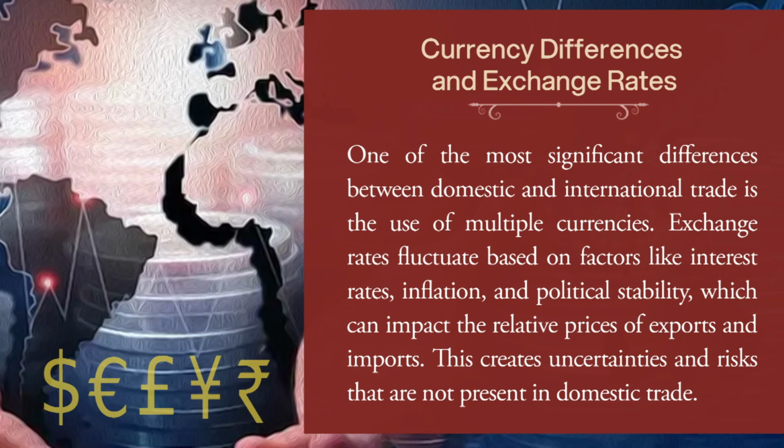These are considered the most important factors which have a direct impact on exchange rate. So when changes in these economic variables impact international trade, it creates uncertainties and risks that are not present in domestic trade.